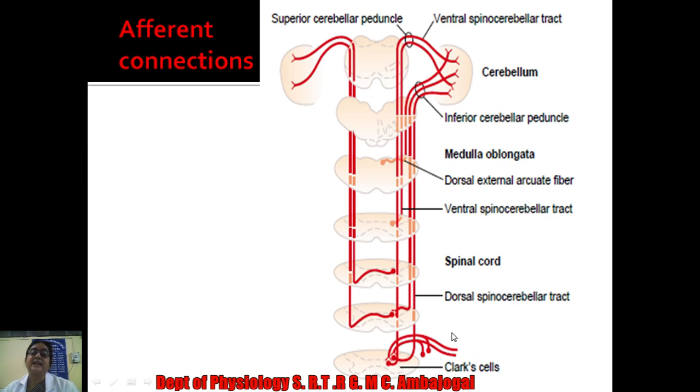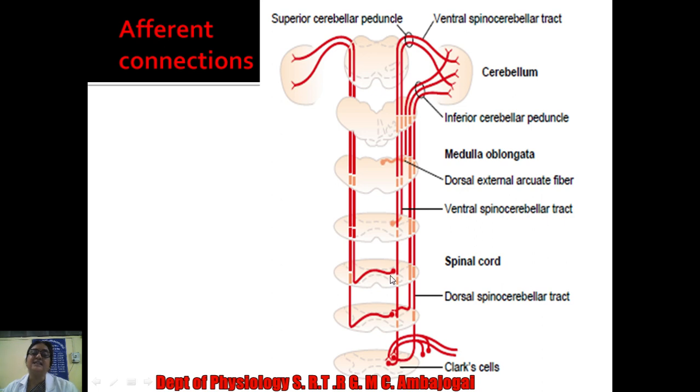But which information does the dorsal spinocerebellar tract carry? It carries sensory information from the peripheral parts, mainly from the muscle spindle, as well as information from the Golgi tendon organ, and other information from position receptors, joint receptors and tactile receptors of the body. So it conveys to the cerebellum the state of contraction of the muscle, the tension of the muscle, and what forces are acting on the body.